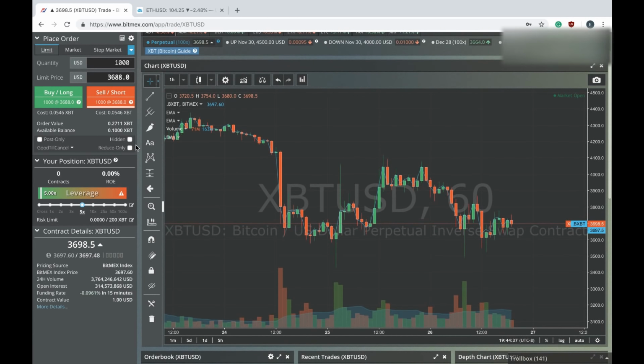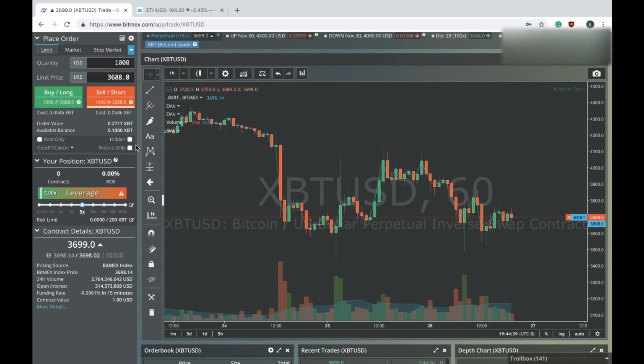One thing I want to add is that Bitmex has been talking quite a bit about how they're cracking down on not letting people in the US use the platform because they don't want to deal with the SEC. So if you are in the United States, use caution, use a VPN if you would still like to use Bitmex and have that VPN on whenever you are accessing the Bitmex platform.